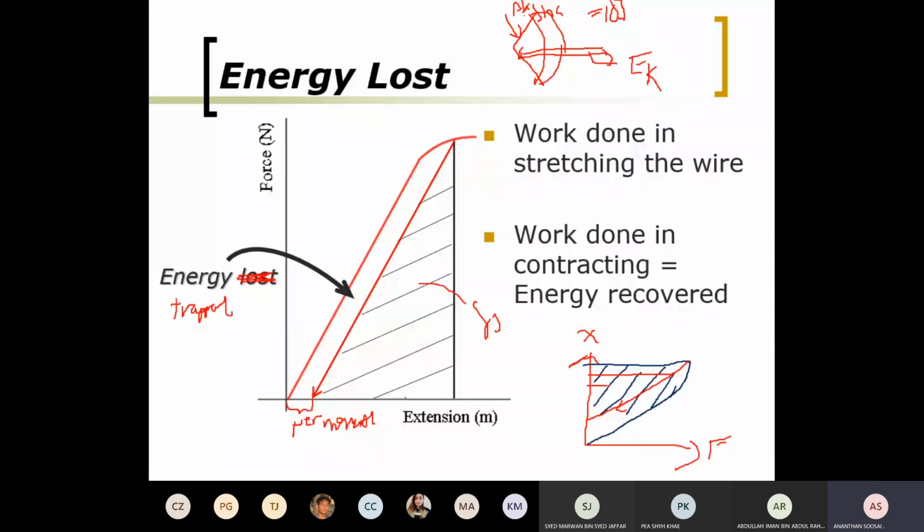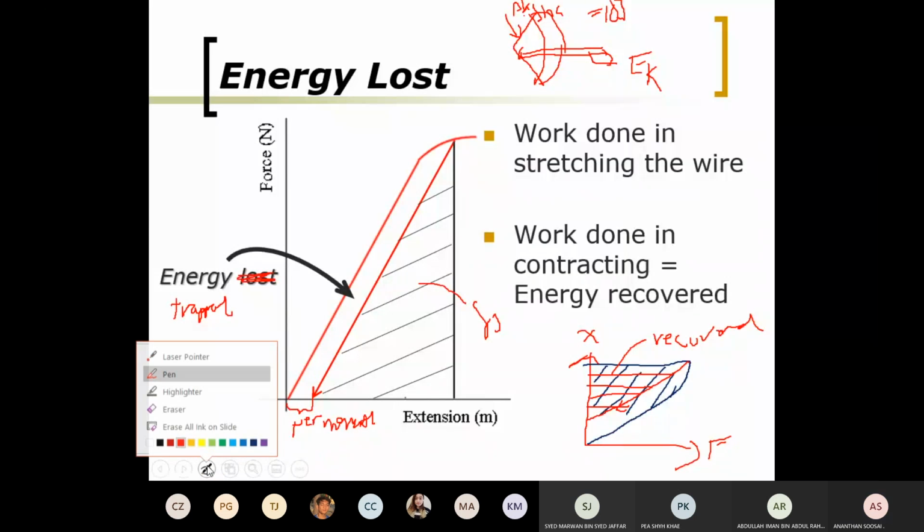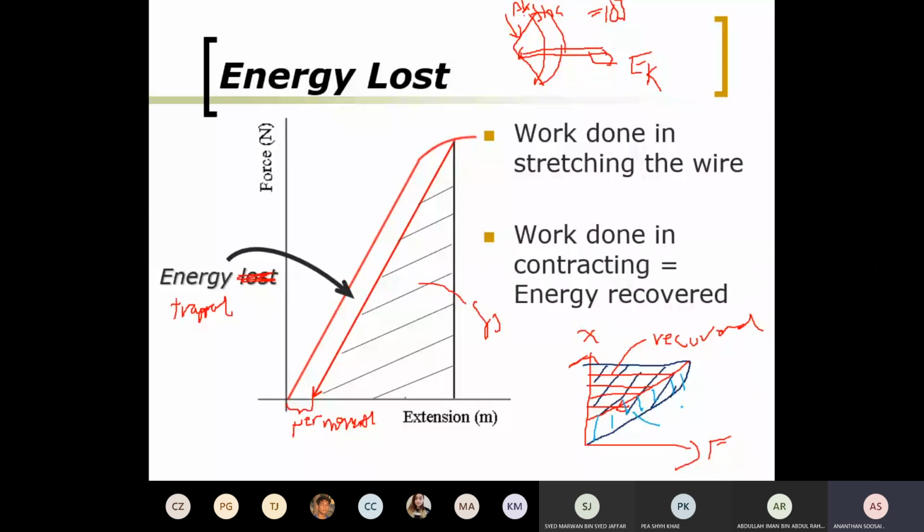This is your energy recovered. Now which is the energy lost? The area between these two regions. Sorry, not lost, trapped. This will be the energy trapped. So be careful. Whenever you do a question about energy, check whether it is force versus extension or not. Sometimes it will be extension versus force. Then the area will be bordering the y-axis.